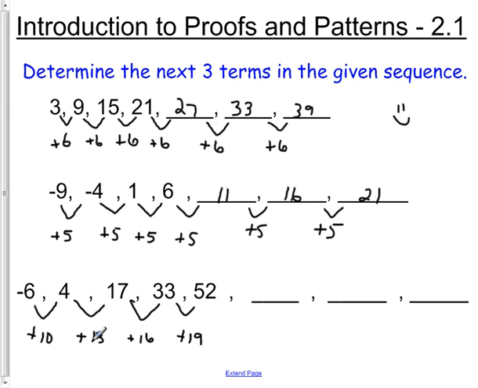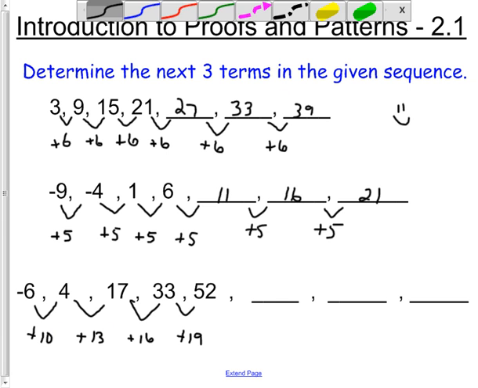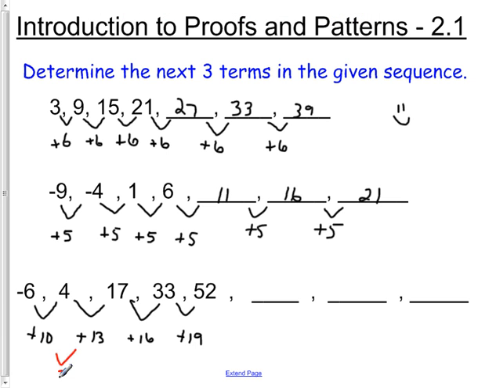So we're adding 10, adding 13, adding 16, adding 19. What we're doing is each number we're adding keeps going up by 3. So this is called the second differences. The second difference is 3. On the earlier ones, these were the first differences. Let's write that down here. This is the first differences.